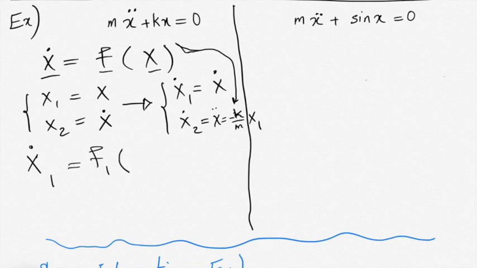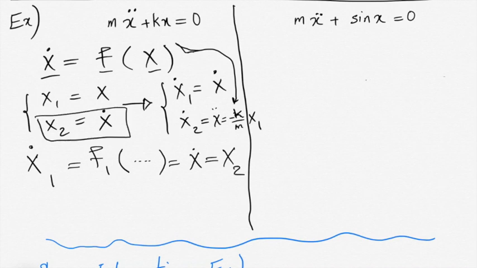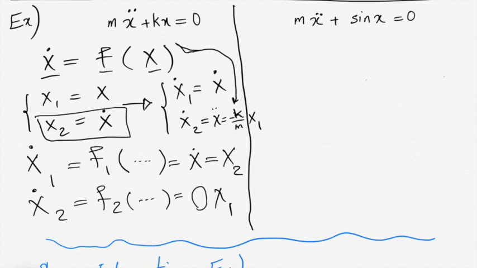We had x dot 1 equal to f1 of some variables, which is x dot, that you can write from this one, x2, right? And also you have x dot 2 equal to f2 of those variables, and it's going to be equal to a constant times x1.